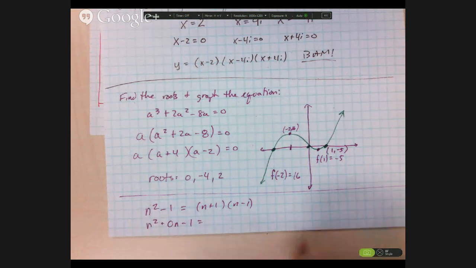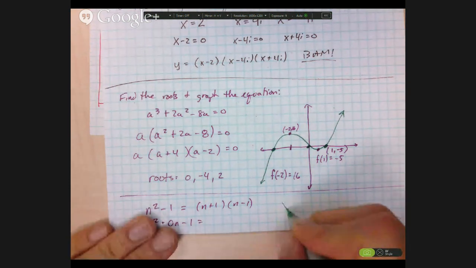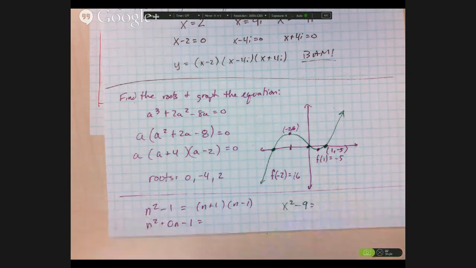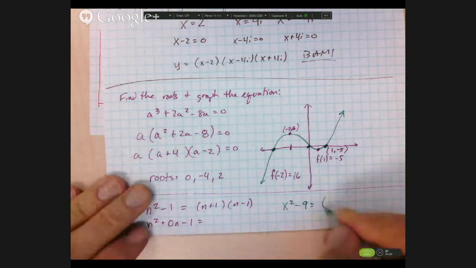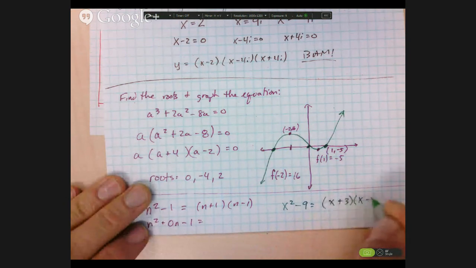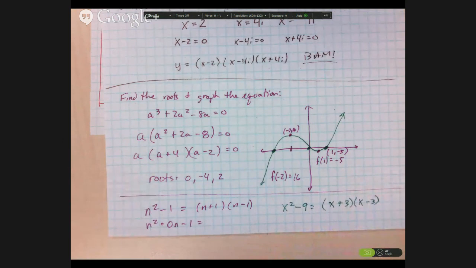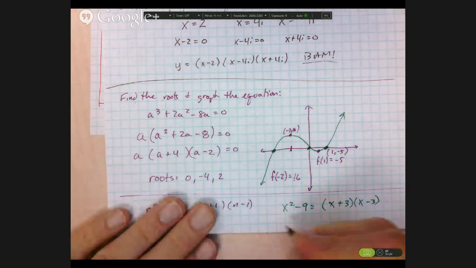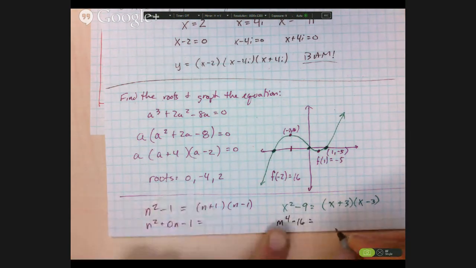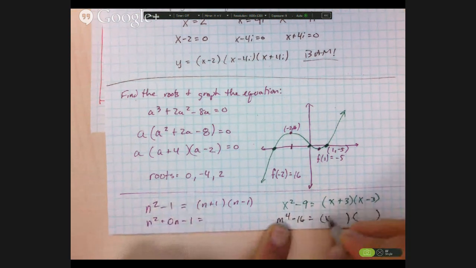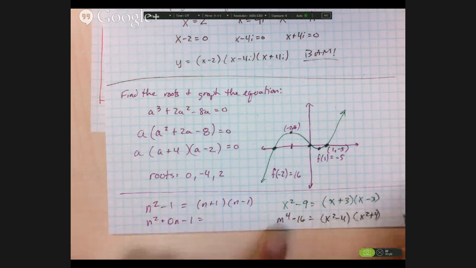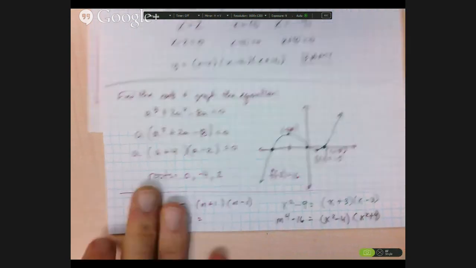So if you have something of this nature like x squared minus 9, x plus 3, x minus 3. Okay, because it's 3 squared and x squared. What about m to the 4th minus 16? You get the idea? We went over that last year pretty heavy, so hopefully you're okay there.